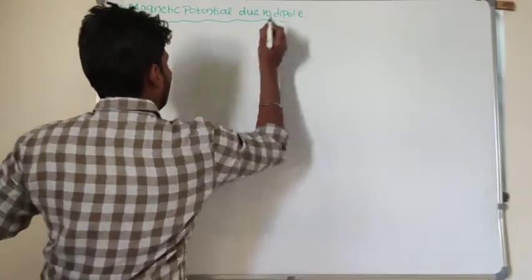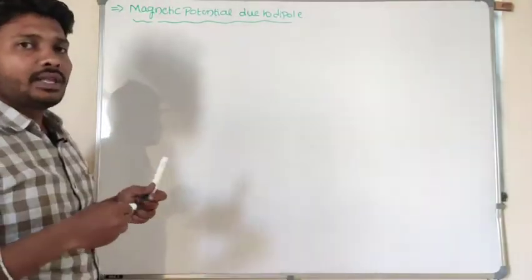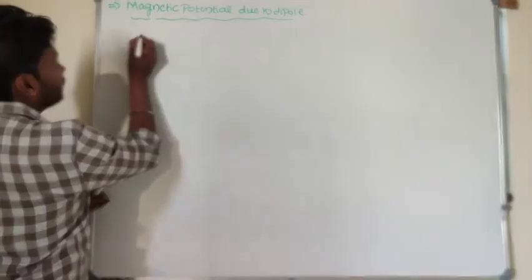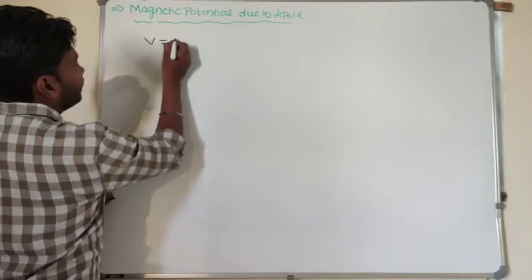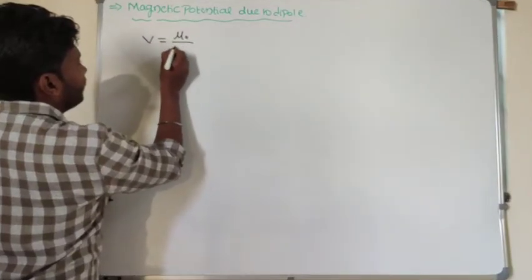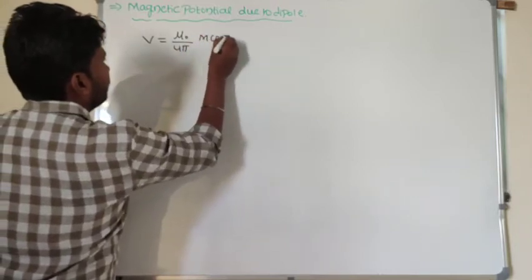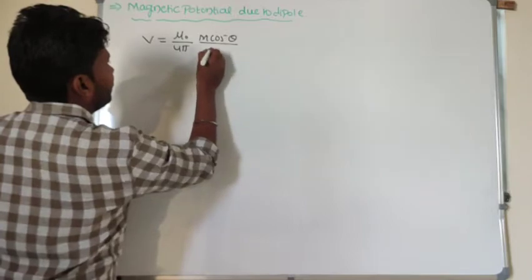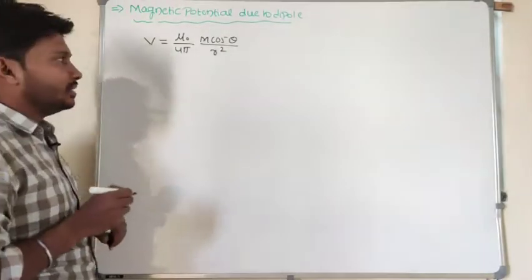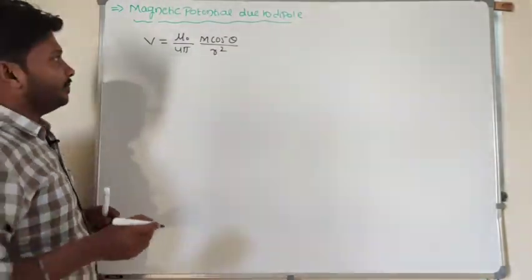Due to magnetic dipole, we are having that formula. Similar to that of electrostatic potential, we are having that magnetic potential, mu naught by 4 pi, m cos theta divided by R square. This is the connecting formula, right?